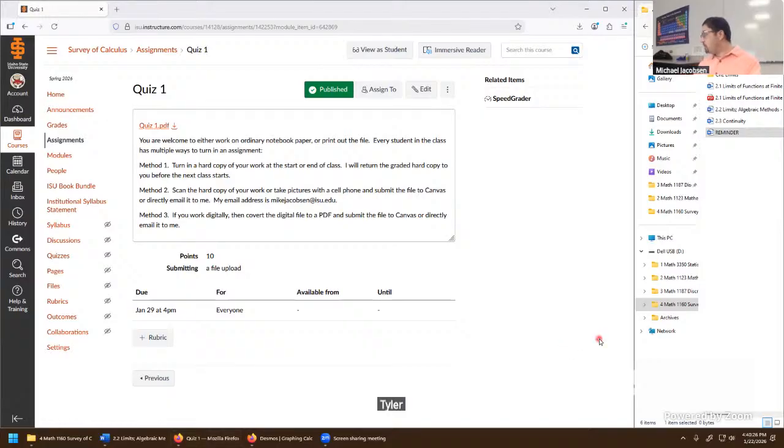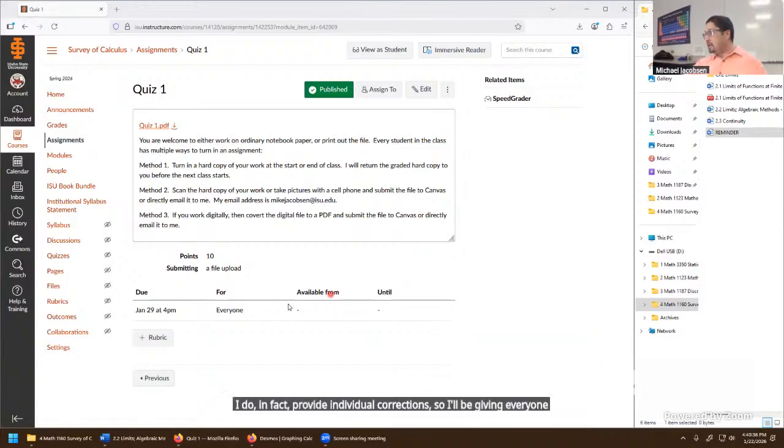Tyler says, will we go over the quizzes in lecture, or will you provide individual corrections for each quiz? I do, in fact, provide individual corrections. So I'll be giving everyone direct feedback. Depending on how you submit the quiz, if you gave me a hard copy in class, I'll mark it up with a pen and then just give you back the copy.